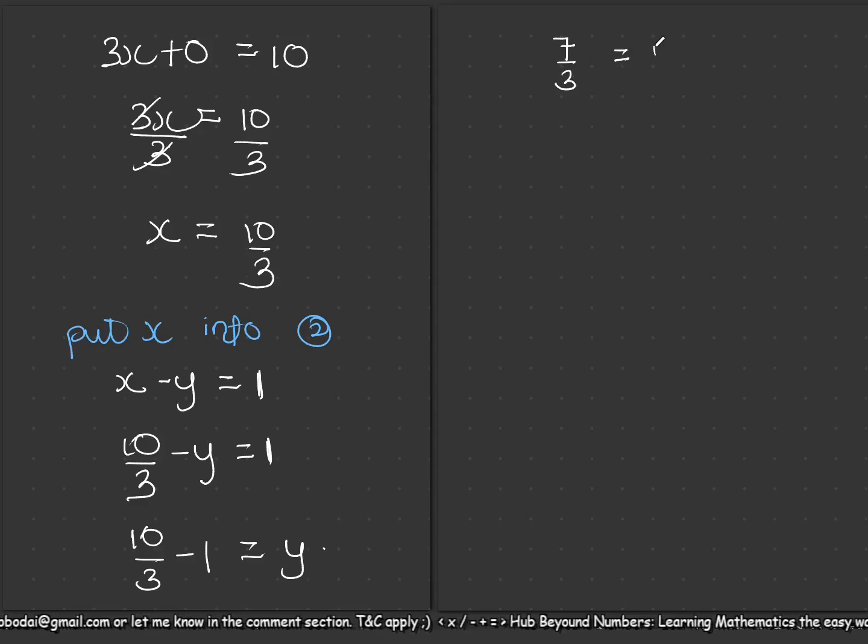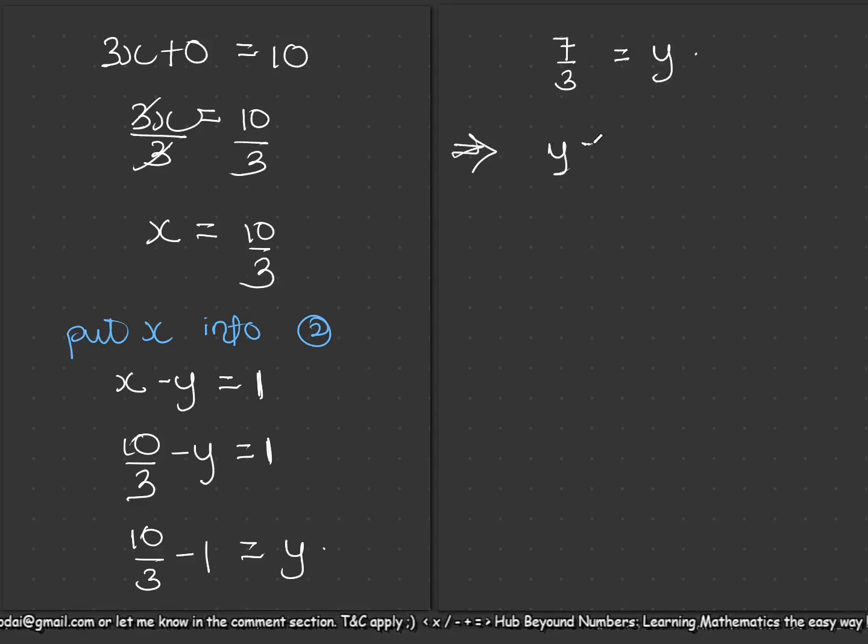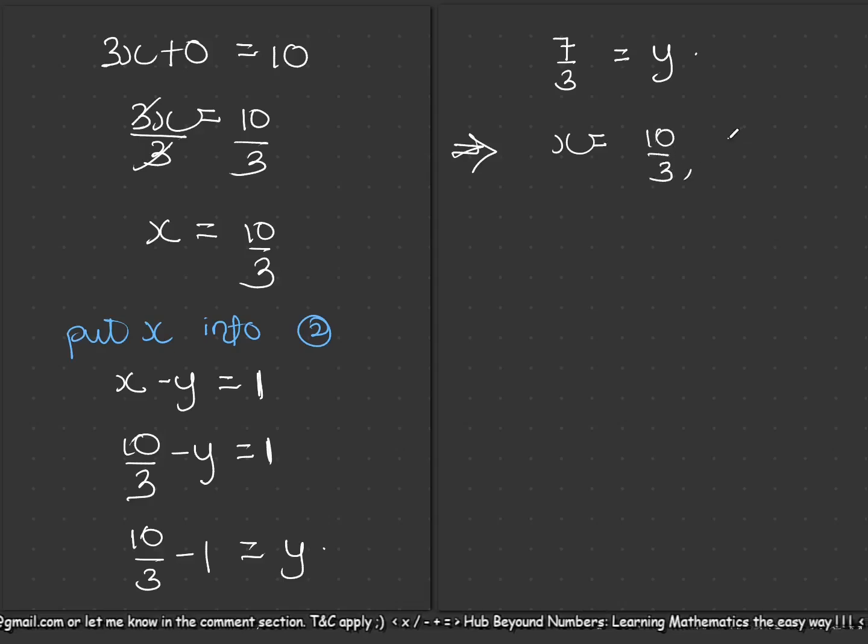So 7 over 3 equals y. So this implies that our x equals 10 over 3, whilst y equals what? 7 over 3. Solved. You see, so this is how we go about the elimination method.